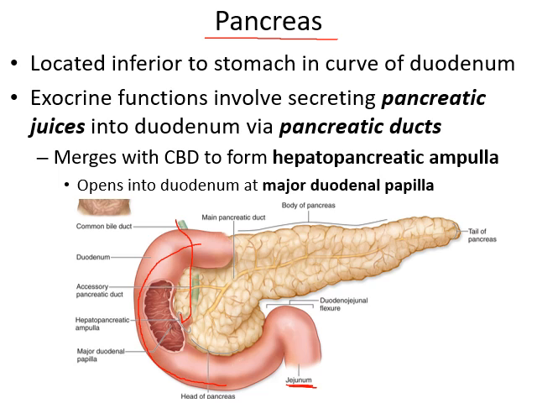You can see the cells of the pancreas will be making the various enzymes and also bicarbonate, which we'll see in a sec, and they feed ultimately into the main pancreatic duct. The main pancreatic duct is going to secrete its substances into the duodenum.